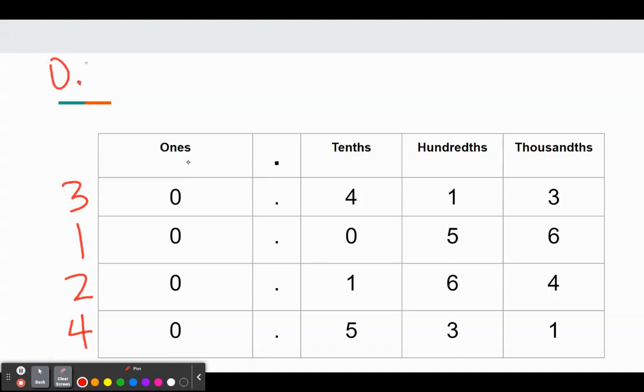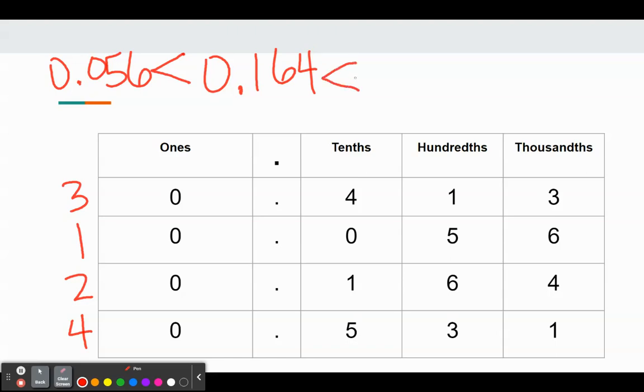So I'm going to write that at the top, which is smallest. So it's going to be less than our second number, which is 164 thousandths, which is less than 413 thousandths, which is less than 531 thousandths.